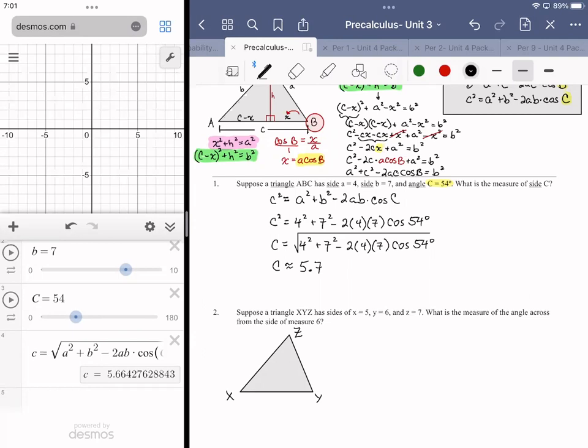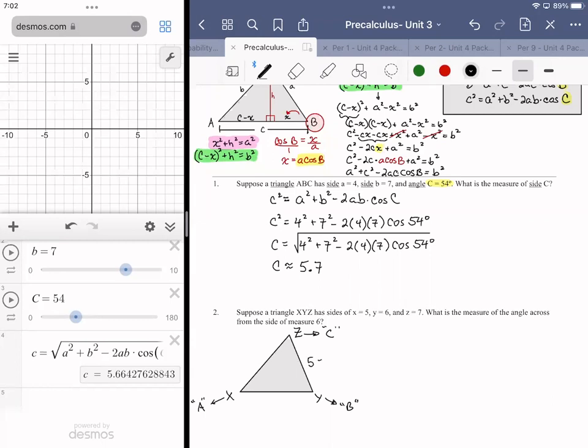All right. So we'll treat this like an a. We'll treat this like a b. It really doesn't matter. And we'll treat this one like a c. So the x value, which would be the side opposite the x angle, would be 5.